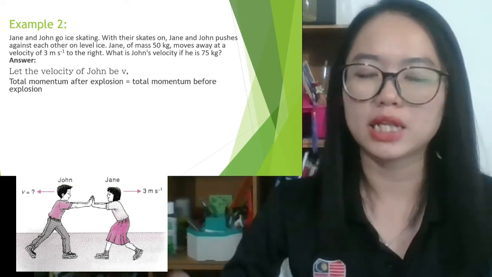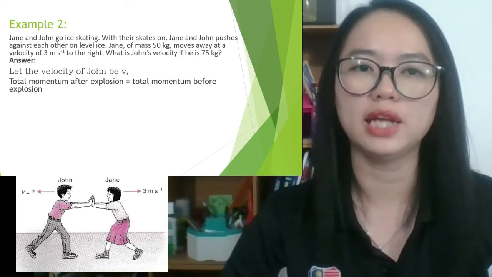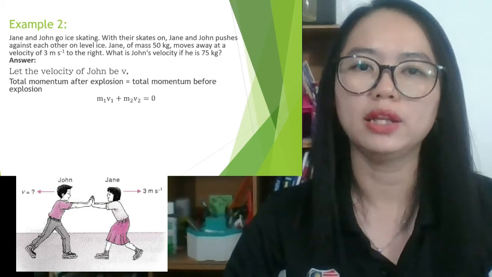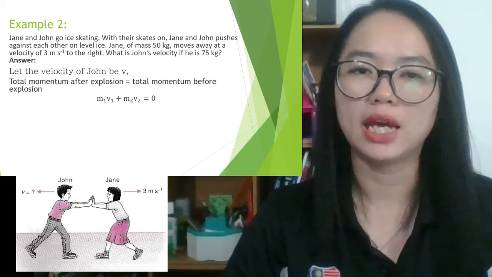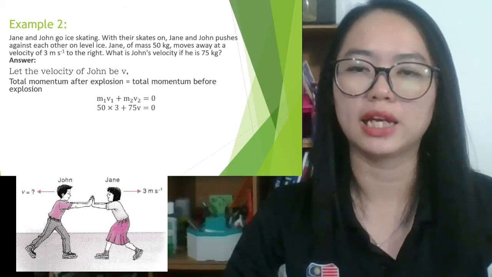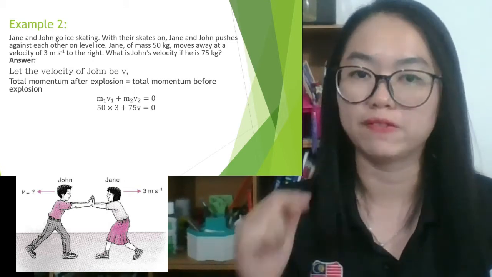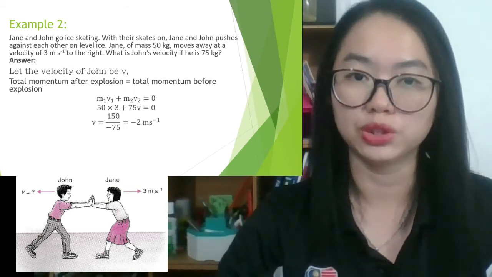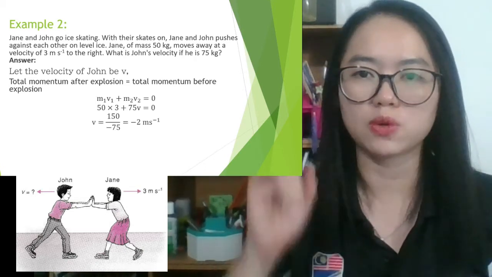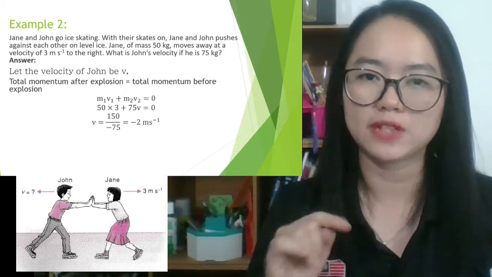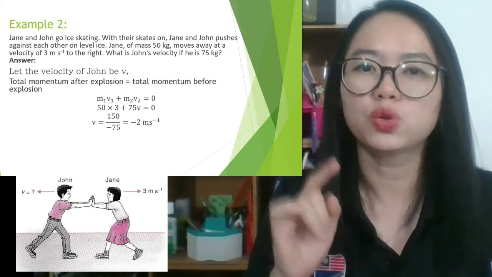Next, I'll just apply the formula. I'll get m1v1 plus m2v2 equals 0. Then I substitute the values inside. I get 50 times 3 plus 75 times v equals 0. Next, I just rearrange the formula and I'll get v equals 150 over negative 75, and I get negative 2 meters per second.